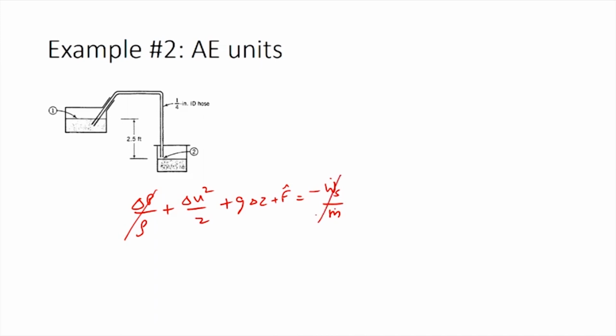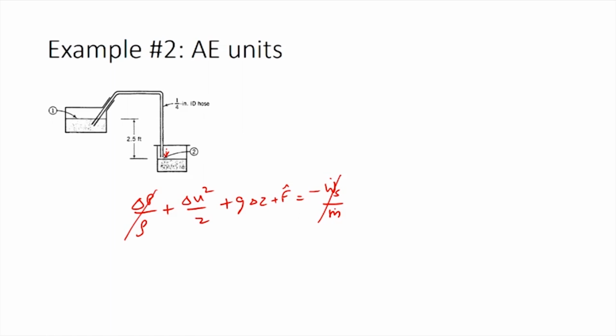We do have a change in height, there is a 2.5 feet change in height, and we also would have a change in velocity, because at point 1 water is stationary inside the tank, and at point 2 you actually have water flowing out of the pipe. So, there would be some velocity at point 2. So, there is going to be a delta u squared, and F cap has also been given.